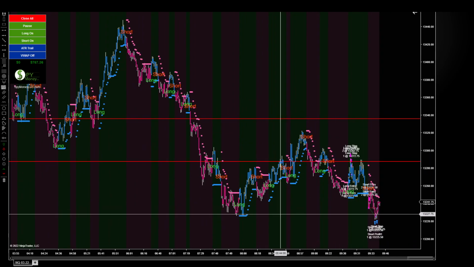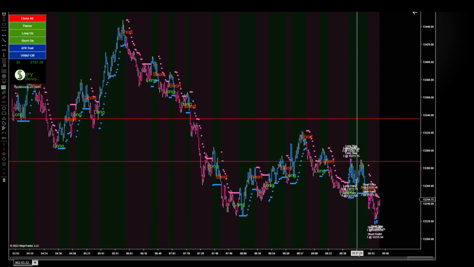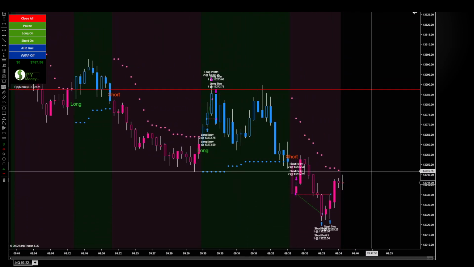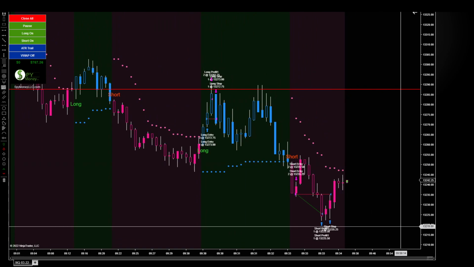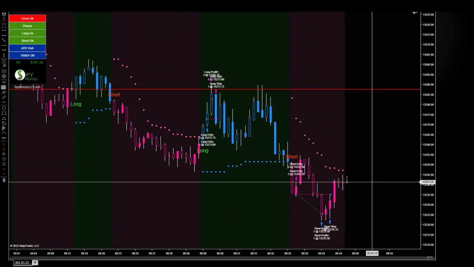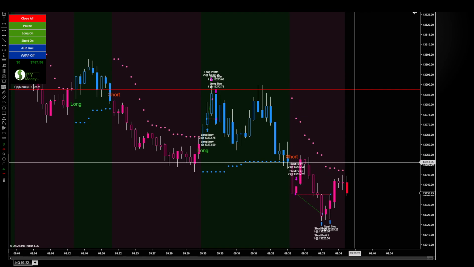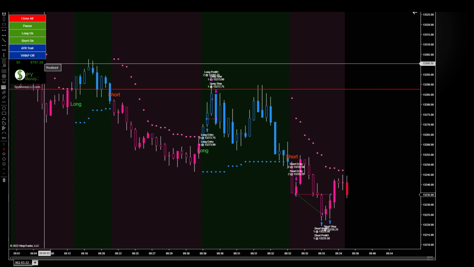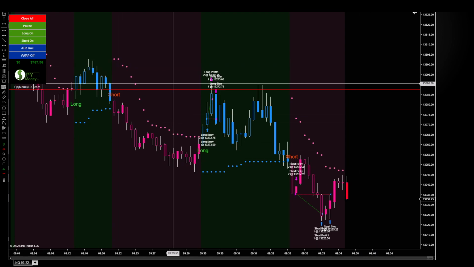I think that we're probably going to bottom out right here, and then probably go long. That's just my opinion. It may sell off all day. We'll see what it does here. This next long, I'm going to go ahead and pause it. But right now, we're up 767.36. That's still good.